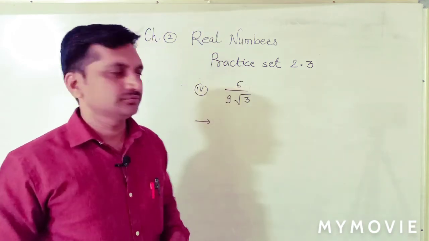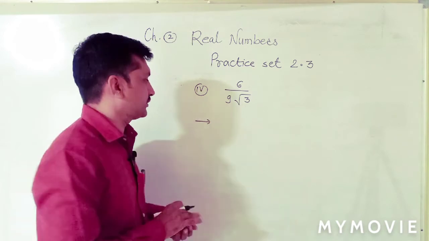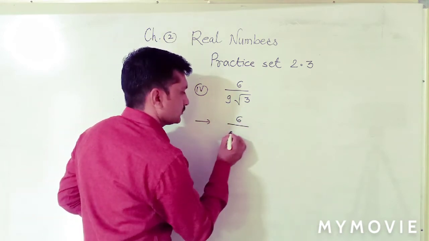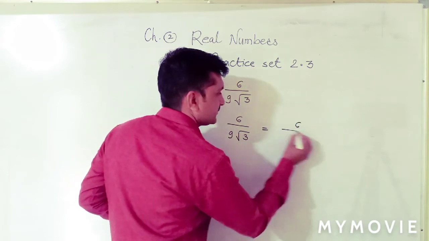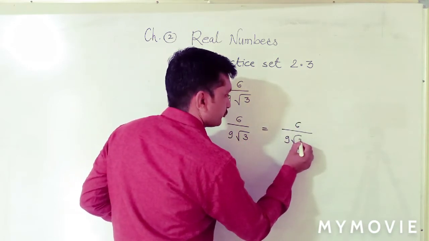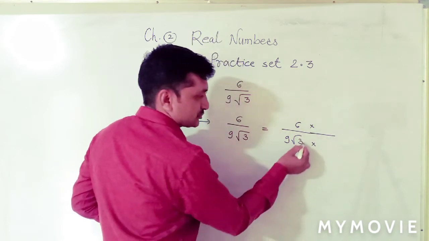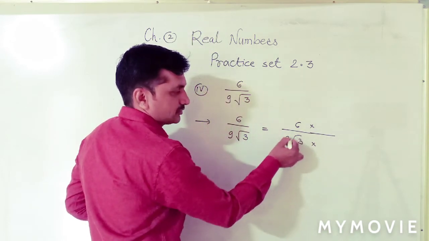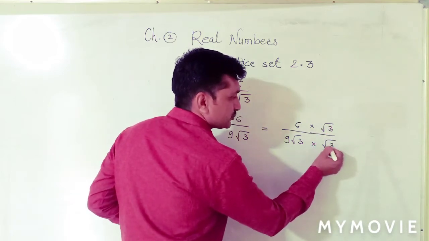Example number 4: 6 upon 9 square root of 3 is equal to 6 upon 9 square root of 3, multiply and divide by the irrational number that is in the denominator. Now here it is root 3, that's why multiply and divide by only square root of 3.